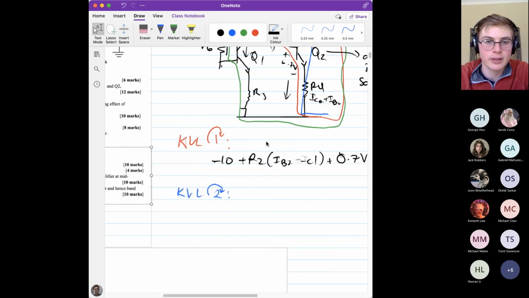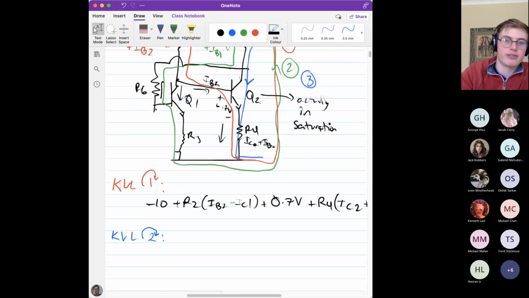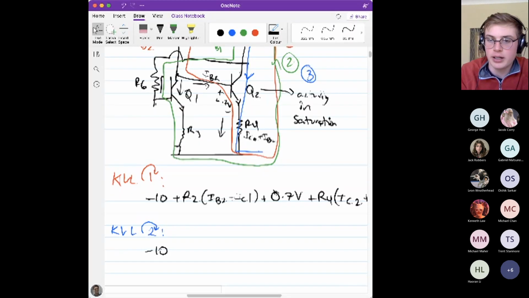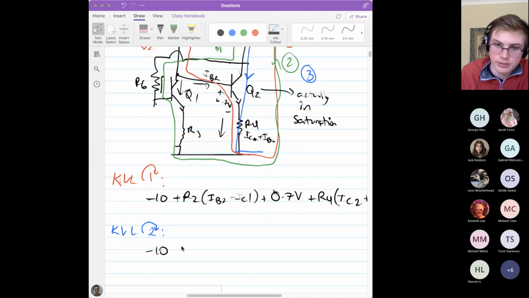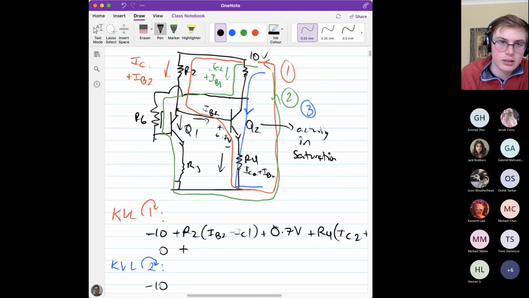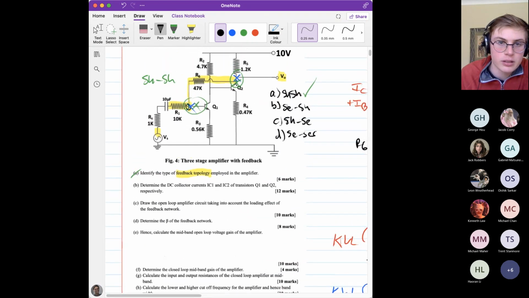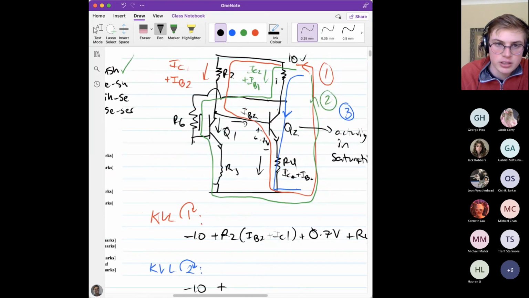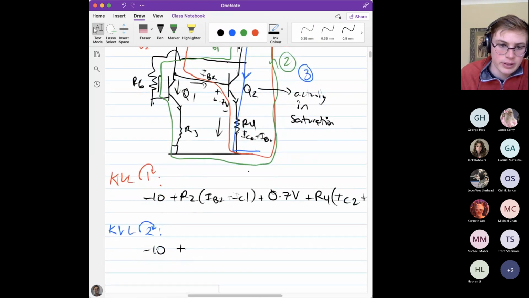Cool. Okay, so similar idea, KVL around loop 2. So we're going to do a -10, plus, this was R5, let me just label that one.